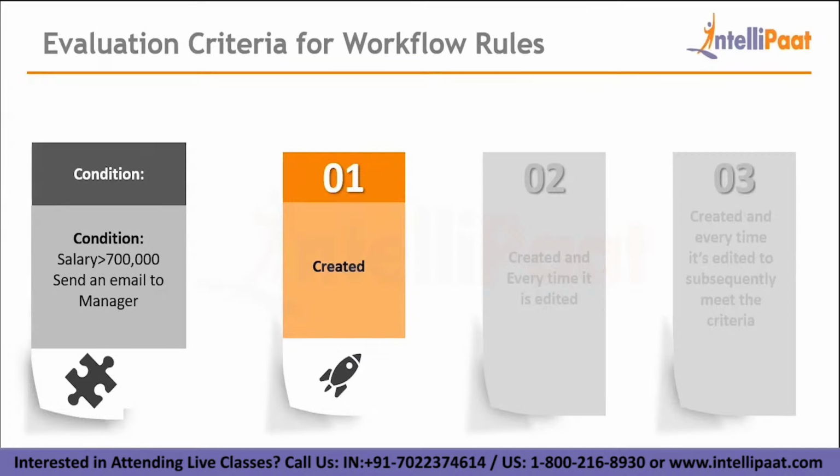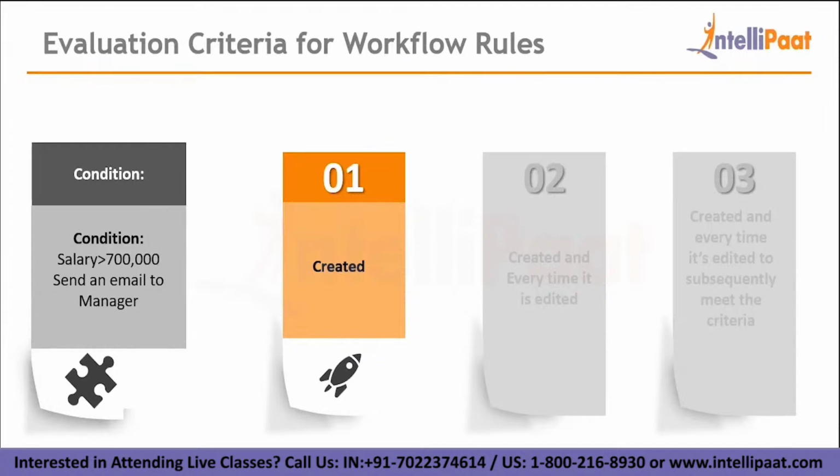Let me take another case. If I'm creating a record and the salary is, let's say, 5 lakhs, an email will not be sent to the manager. But if I edit that particular record and I change the salary to 7 lakhs, still, an email will not be sent to the manager. And this is because I have used the first criteria.